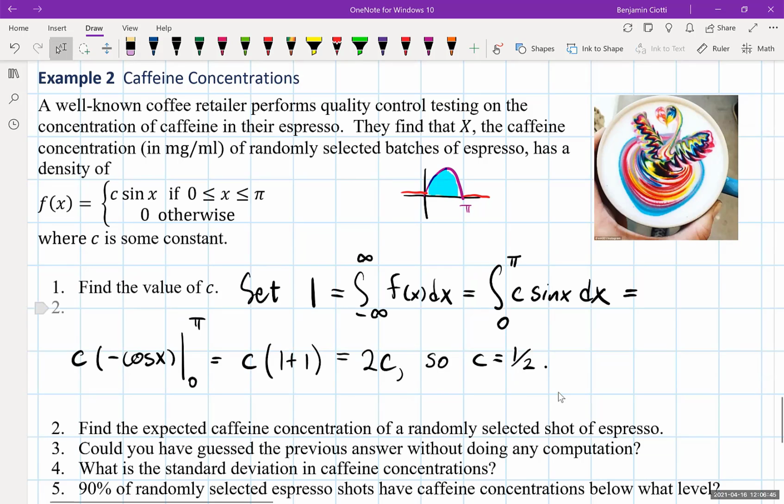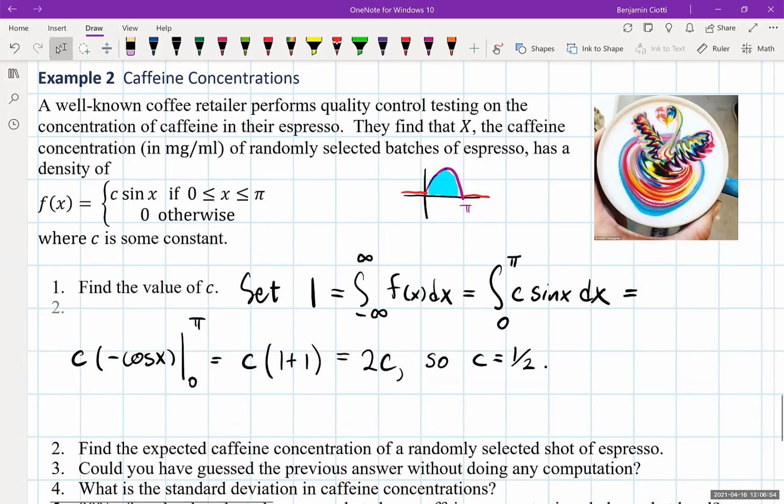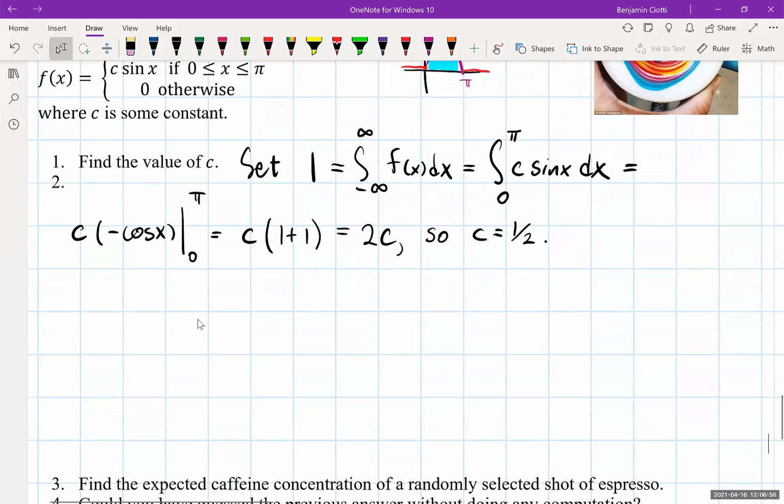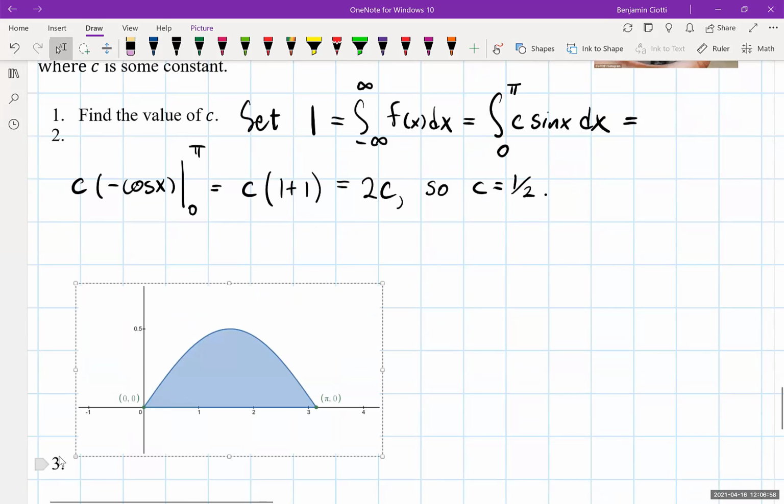And actually, we can take a look at the distribution. So this is what it looks like.